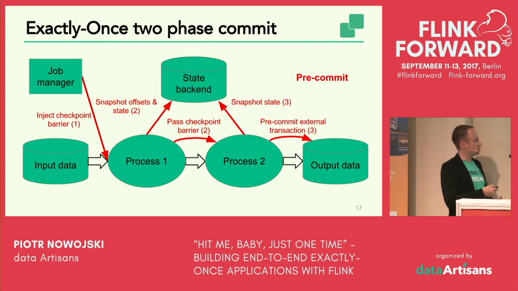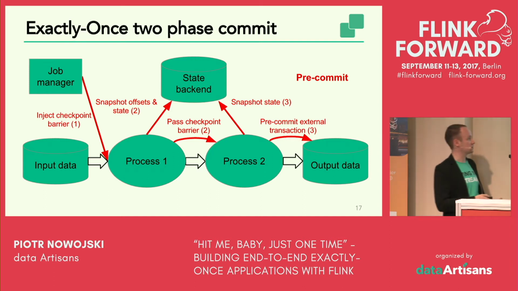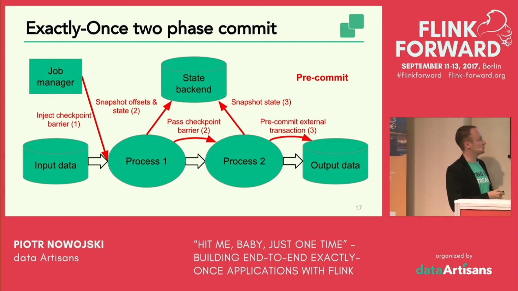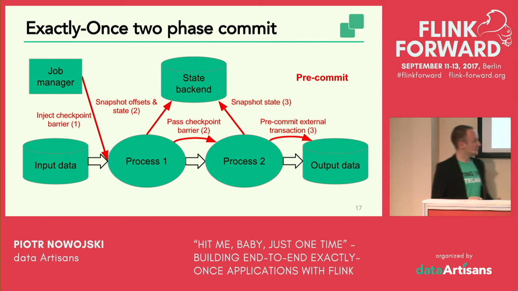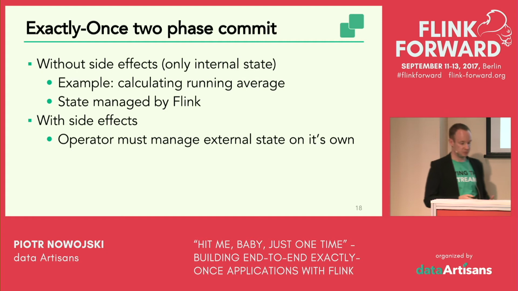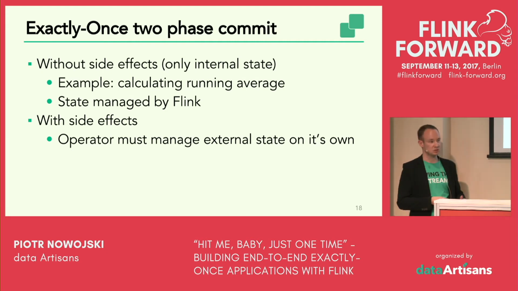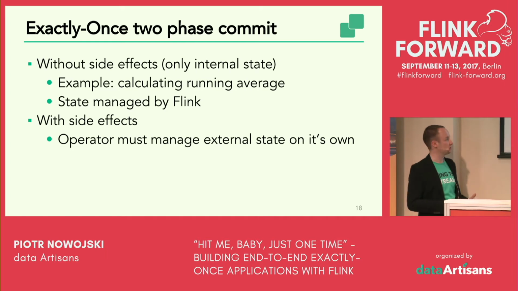Now, our second process does have external state. So for pre-commit, it must pre-commit our external transaction, and it can also store some internal state into the state backend. So what's the difference between having side effects and not having side effects in our operators?